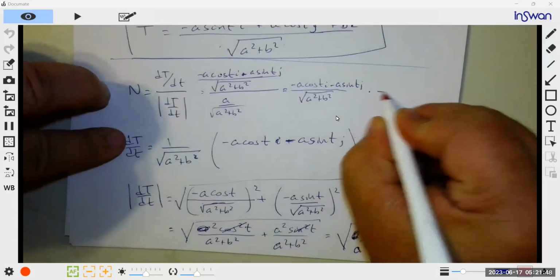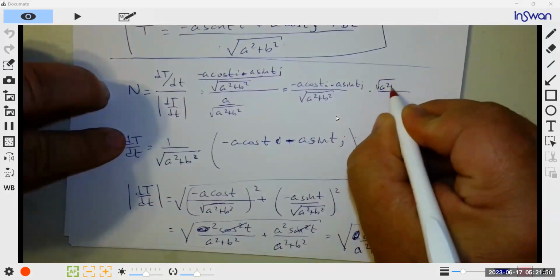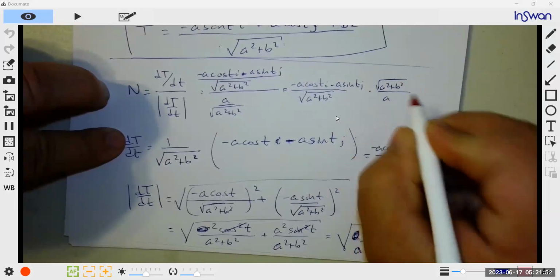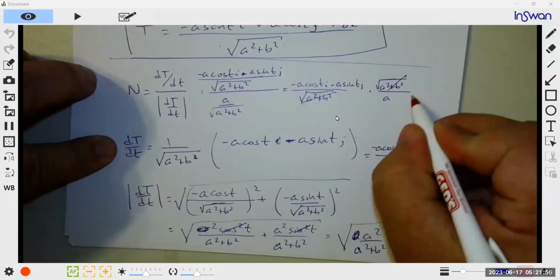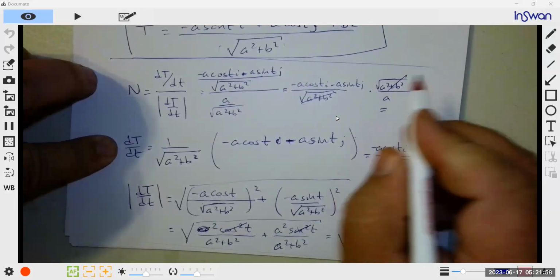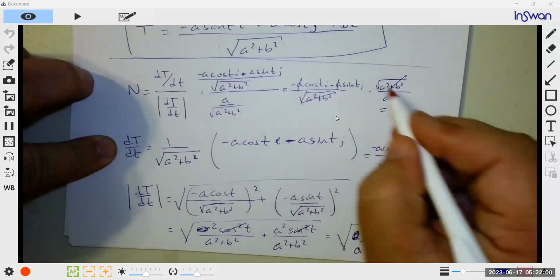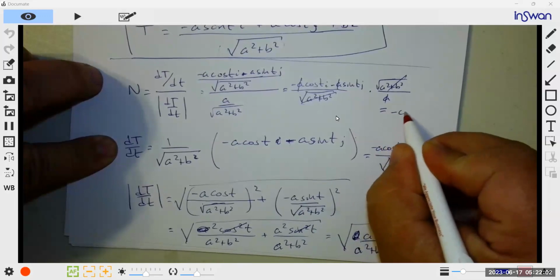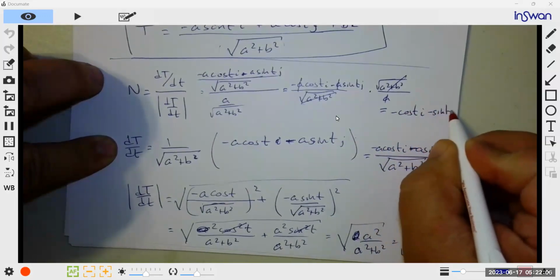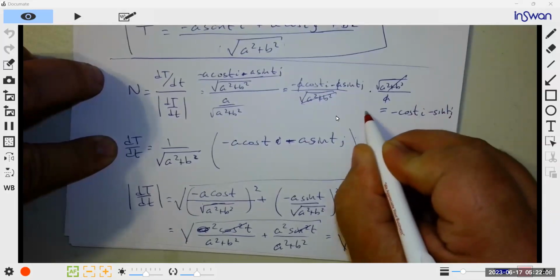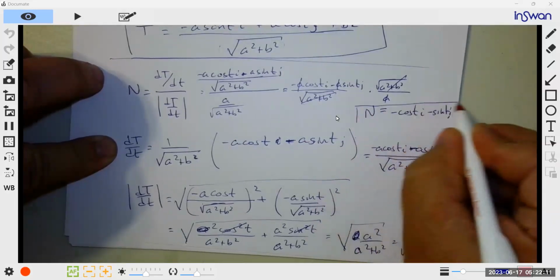Flip the bottom one: radical a squared plus b squared over a. So the a's cancel. We have negative cosine t i minus sine t j. That's what N equals.